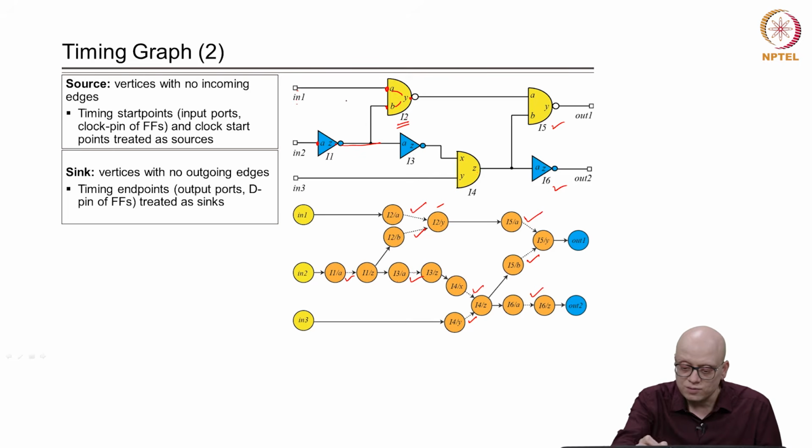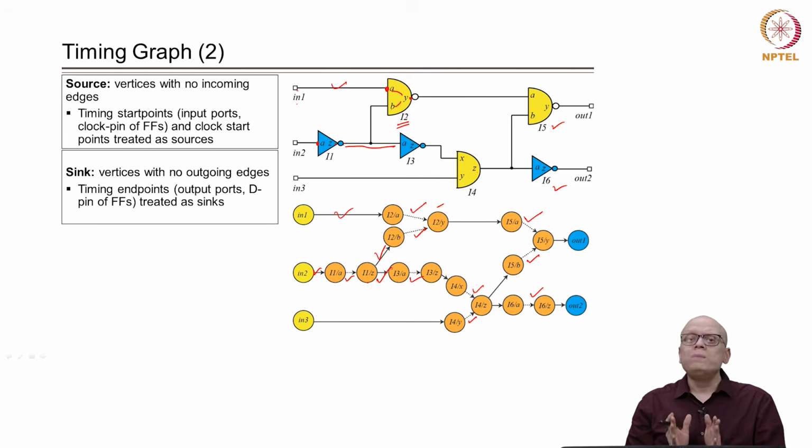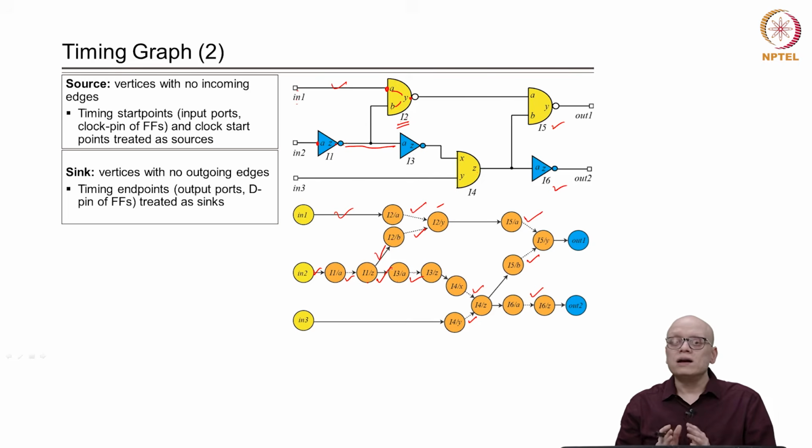So, we have a net arc for this net, and then from I1Z to I2B we have a net arc, right. Then there is another net arc between I1Z to I3A. So, this is how we build a timing graph for our given circuit.